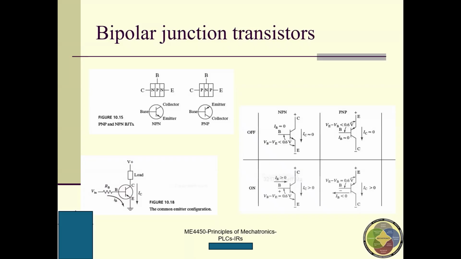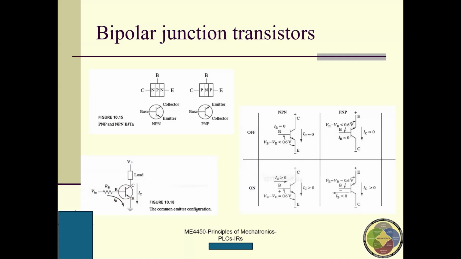Look at it here for NPN. We have a base, an emitter, and a collector. Emitter just means it emits something, and the collector is the collector, with current going through it.